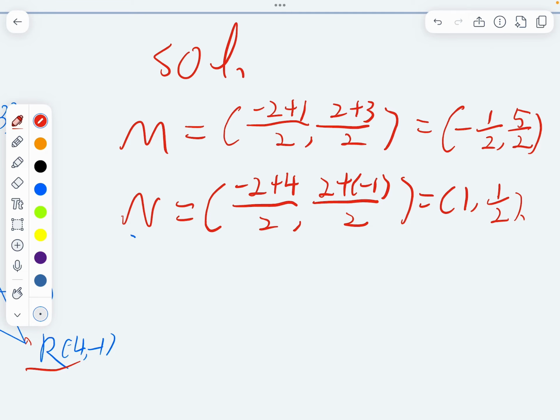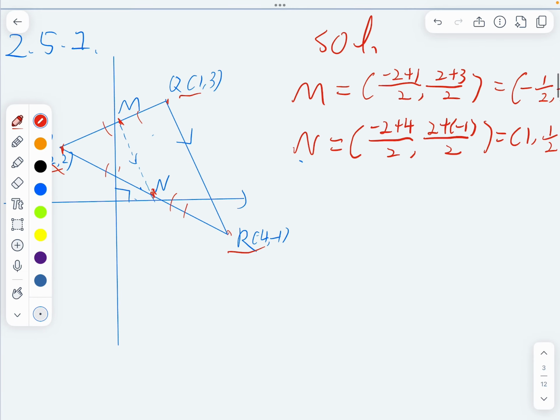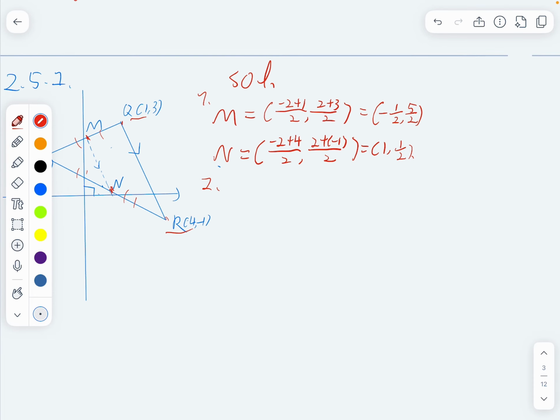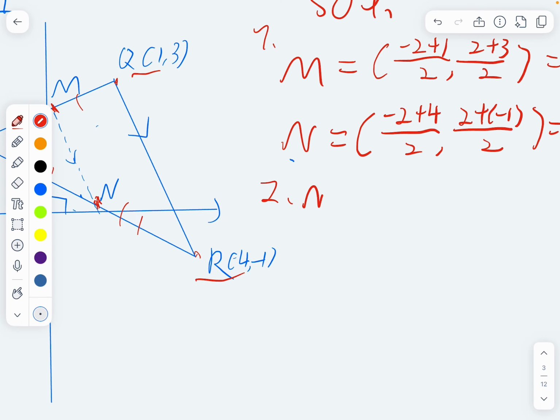In the second step we calculate the slope, m for QR and m for MN.